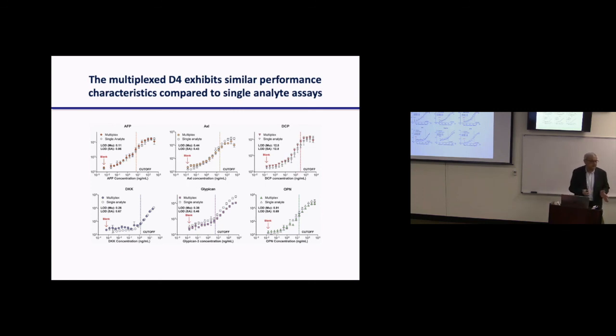We use a microarray, and this takes us like a month. And so here's the dose response curve for all 6. The data is not important. What is important is looking at the concordance between the filled and open spots. You can see multiplex versus single analyte, multiplex versus single analyte, they pretty much lie on top of each other. So we have a 6-plex array for HCC markers, which are serum markers, protein markers that are non-cross-reactive.